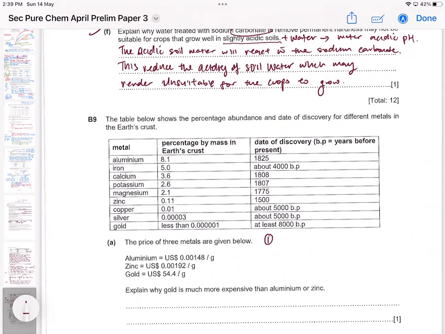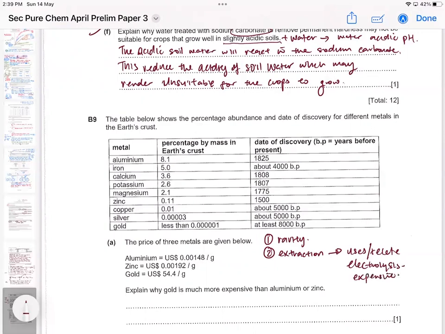Most of the time, number one is rarity. Number two is extraction methods. Extraction method, essentially anything that relates to electrolysis, by default, it will be more expensive.